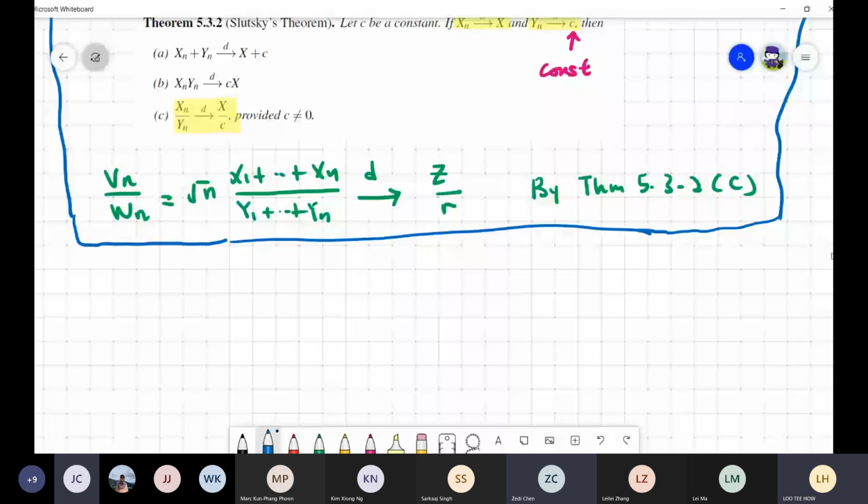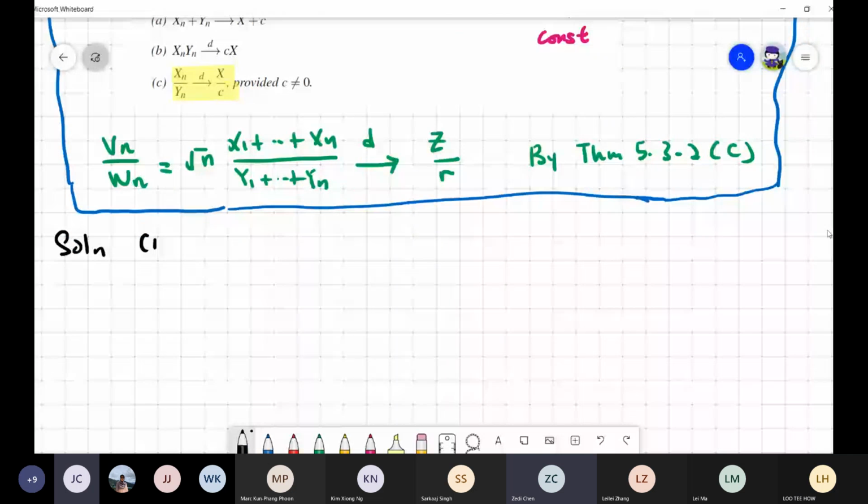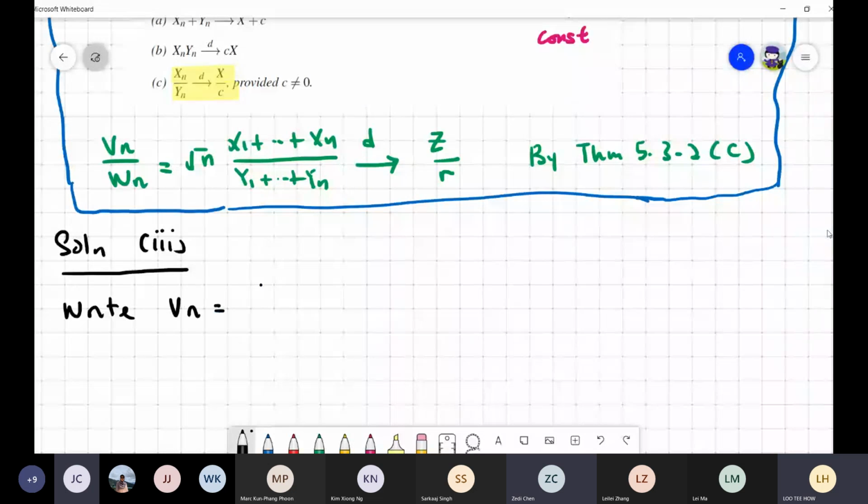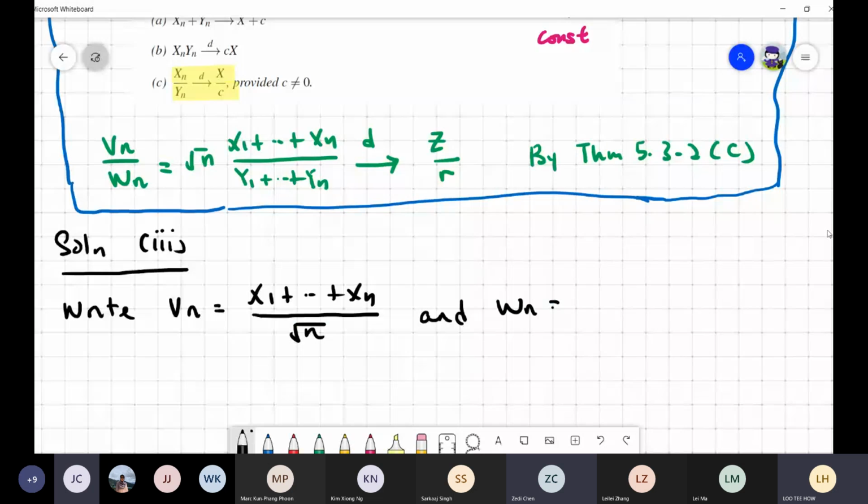Now we look at the solution for 3. You may do the same thing. What you can do is write Vn to be X1 plus Xn over square root of n, and Wn to be Y1 plus Yn over n.